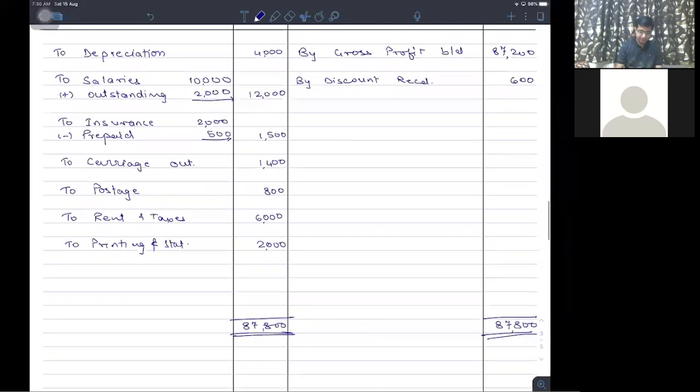Right. So to net profit comes to what? Minus 4,000, minus 12,000, minus 1,500, minus 1,400, minus 800, minus 6,000, minus 2,000. 59,500 is your net profit.